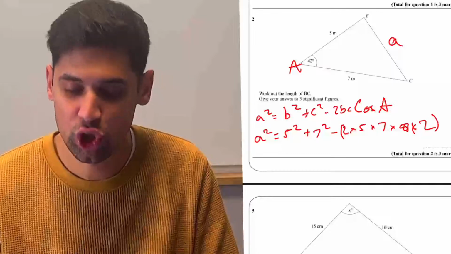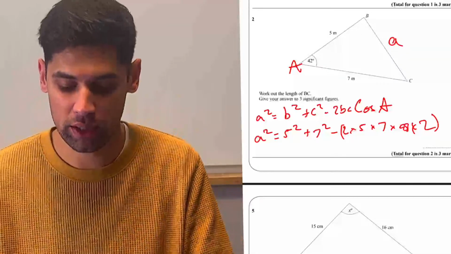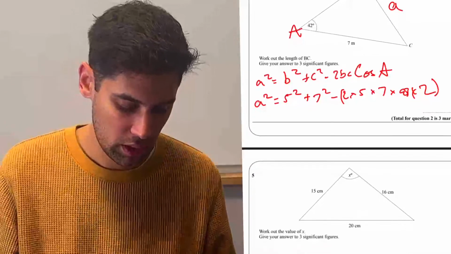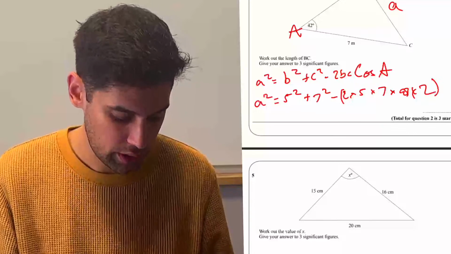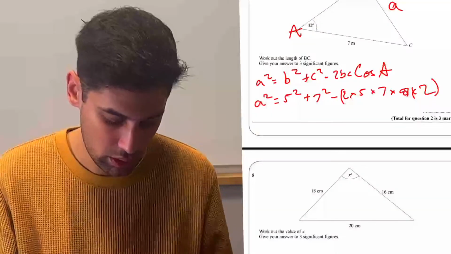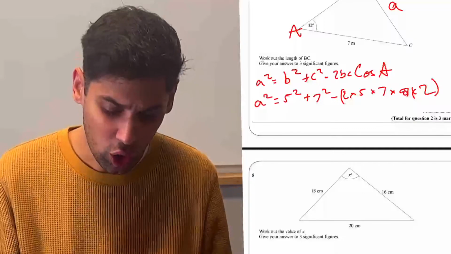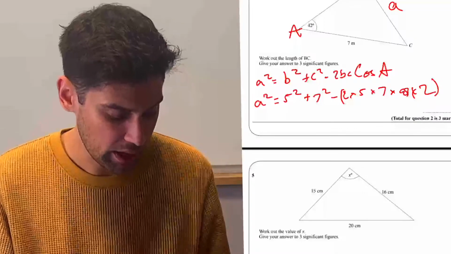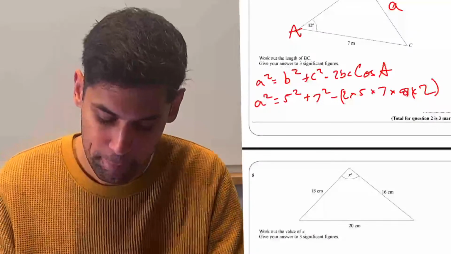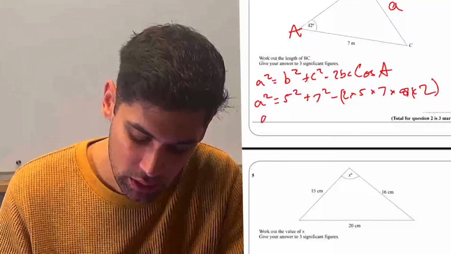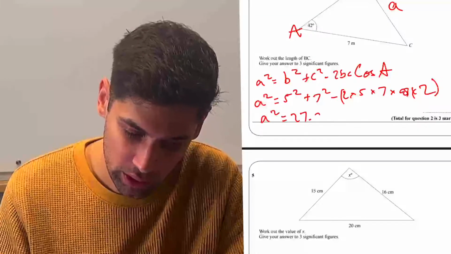Stick some brackets around there just to be on the safe side. And we do 5 squared plus 7 squared minus 2 times 5 times 7 times cos 42, bracket, bracket.